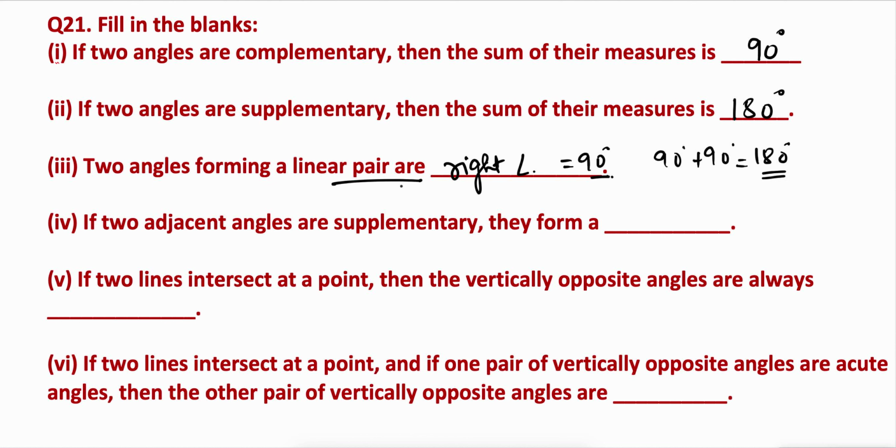If two adjacent angles are supplementary, that is, their sum is equal to 180 degrees, then they form a linear pair. If two lines intersect at a point here, then the vertically opposite angles are always equal.